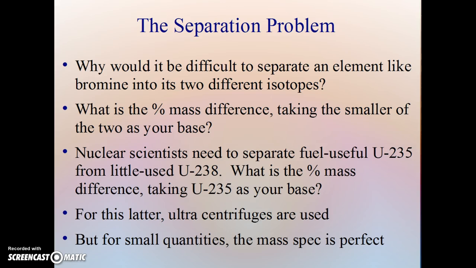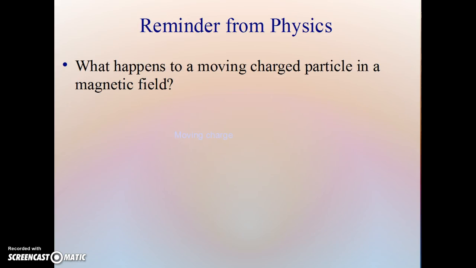So what they do is they use ultracentrifuges, and these very high-speed, high-cost centrifuges will precipitate out the heavier isotope first and the lighter isotope second. So you can do a series of centrifugations to make a more and more pure isotope. Well, that's okay for large amounts, but for small quantities, the mass spec is what we use, mass spectrometry.